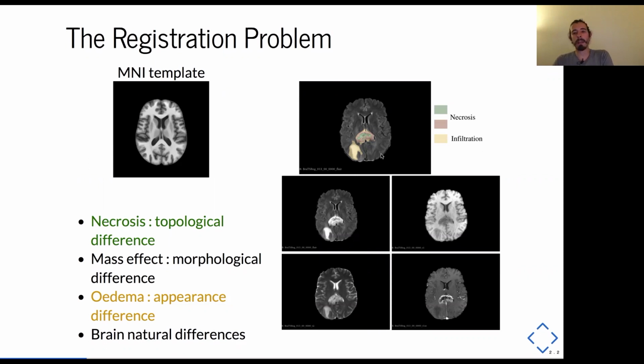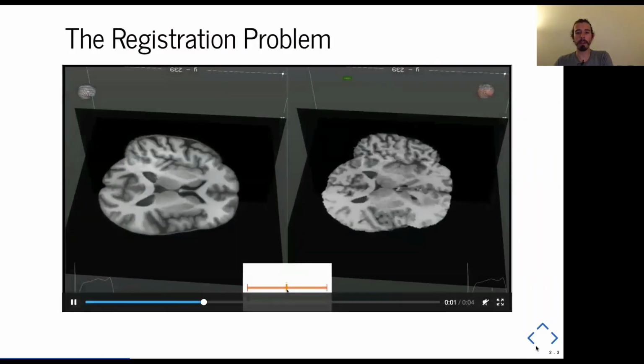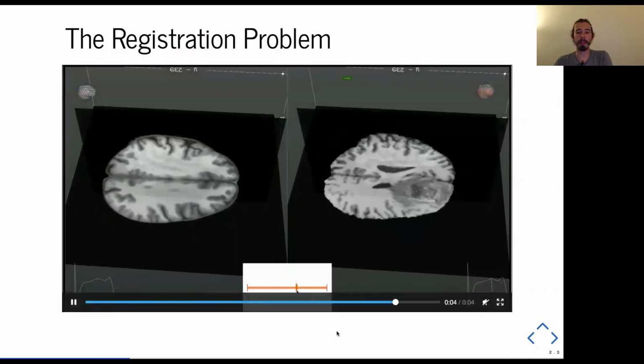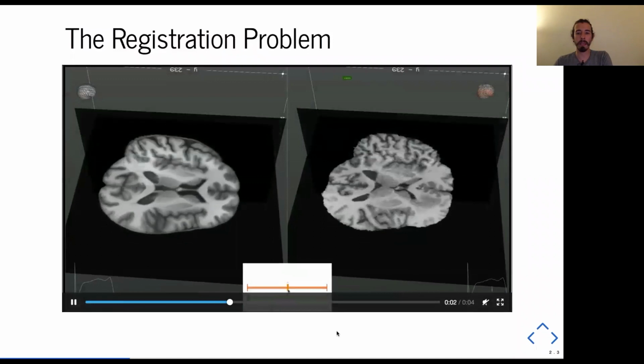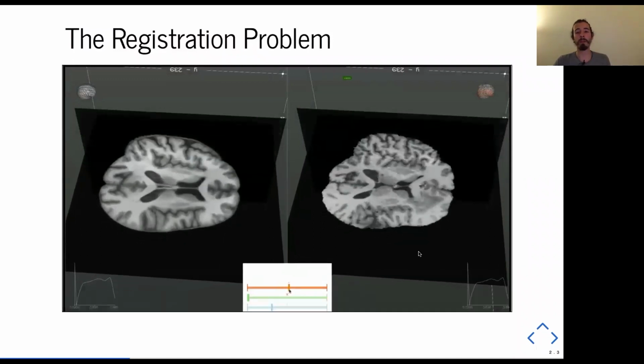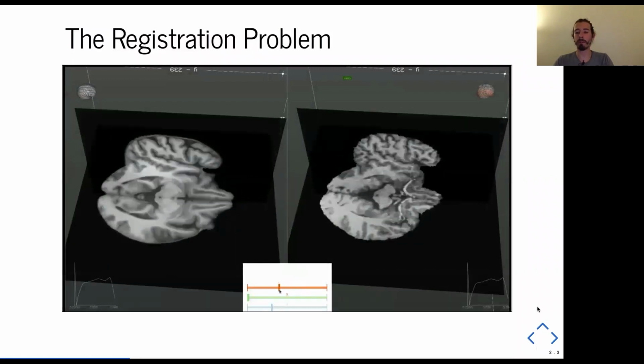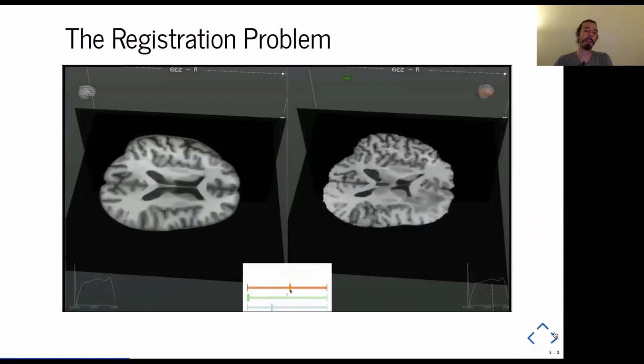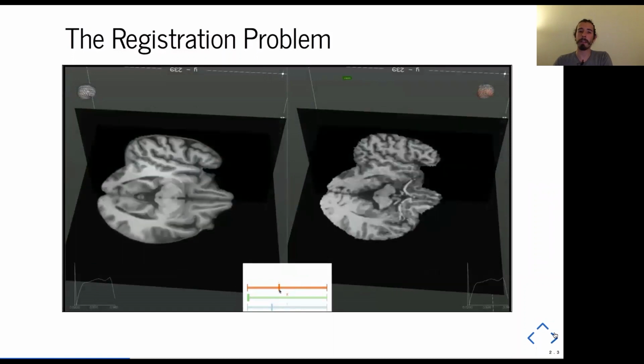And there will be some infiltrative part, which is called the edema, and which will cause intensity changes in the brain. Obviously these data are MRI, so they are 3D data. Here you can see this in the tool that I've developed through my thesis, which will be available on my GitHub page.